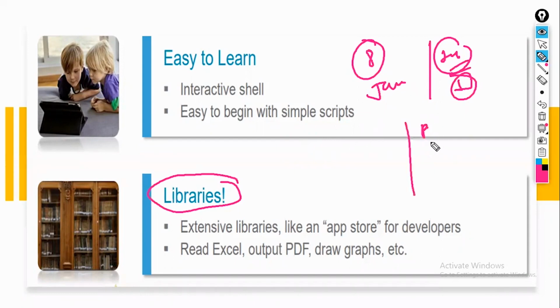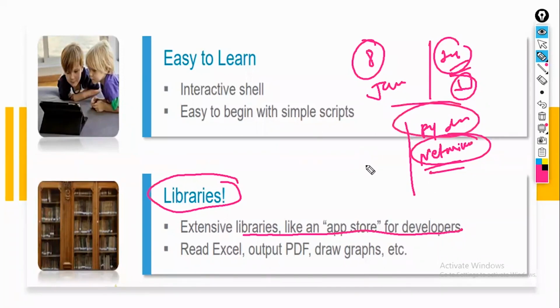At the first slide, I told you that a Python developer is going to create those netmiko libraries, right? So in Python we have multiple libraries, and we can use multiple libraries. We can just install them from the Python package index, right? Libraries to read Excel, output PDF, draw graphs and so on.